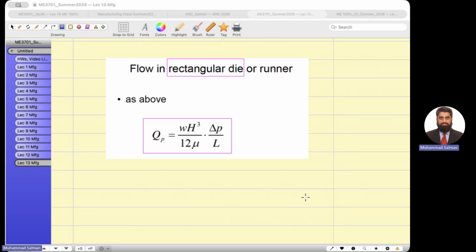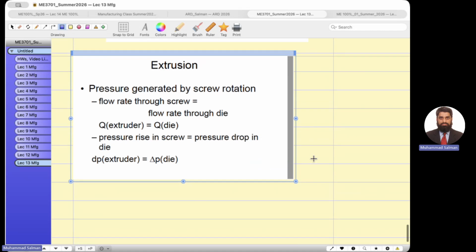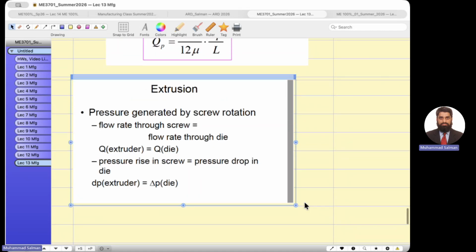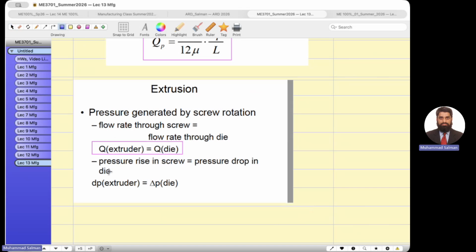And in the extrusion process, the polymer is injected through a die. And as I mentioned, the flow rate coming out of the screw is equal to that entering the die. And similarly, pressure inside the screw is equal to the pressure drop in the die.